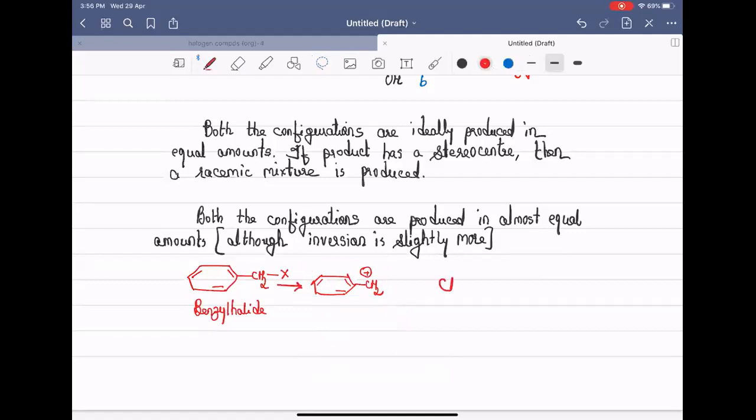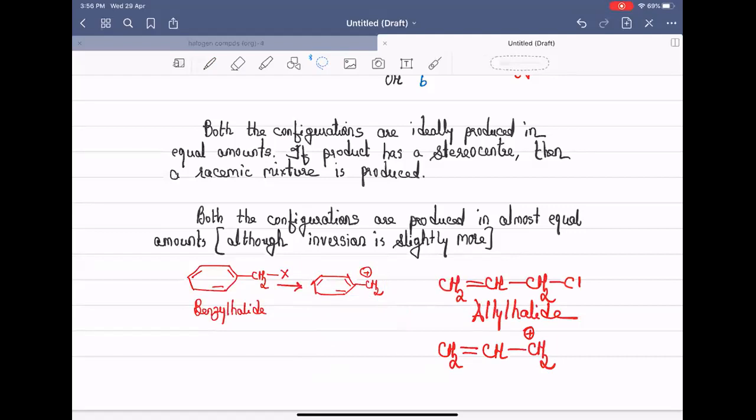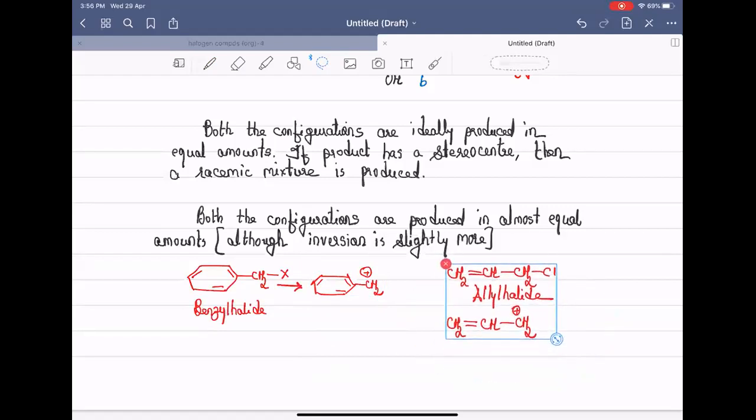And then we also have allyl halides, because this is an allyl halide, and any allyl halide would also produce a resonance stabilized allyl cation. Again, stabilized by the resonance. One more conceptual clarity is needed here.